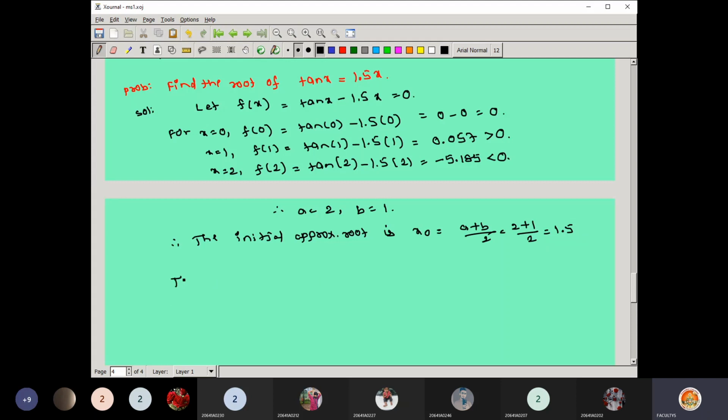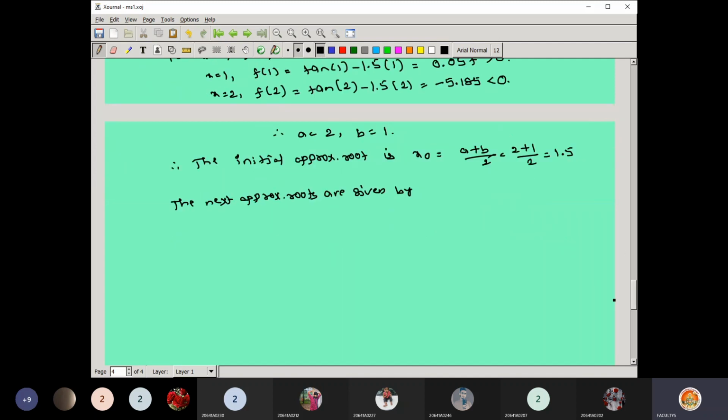Now the next approximate roots are given by the formula x n plus 1 equal to x n minus f of x n by f dash of x n. Here n takes the values 0, 1, 2 and so on.